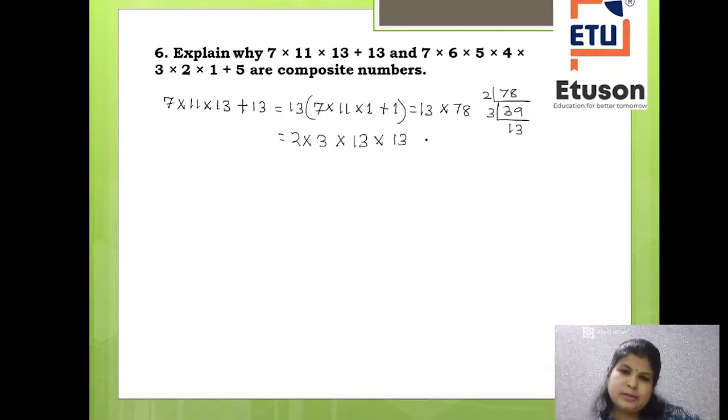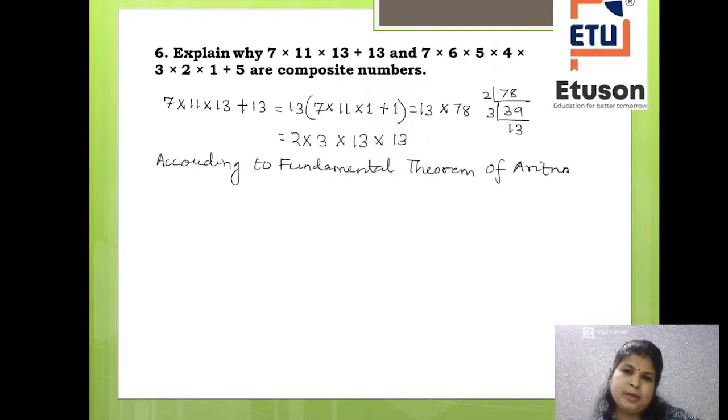So according to the fundamental theorem of arithmetic, we are going to apply that. 2 into 3 into 13 into 13 is a composite number.